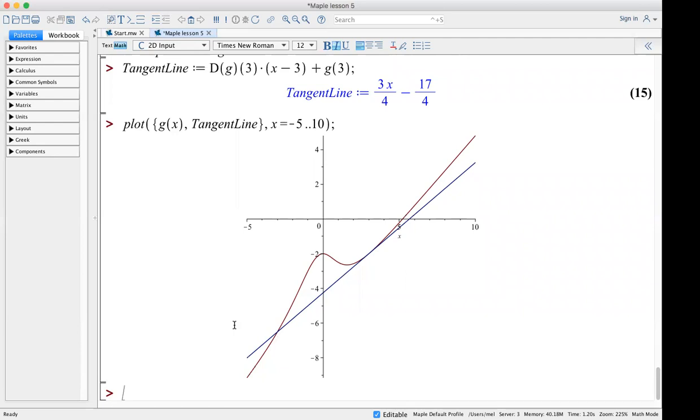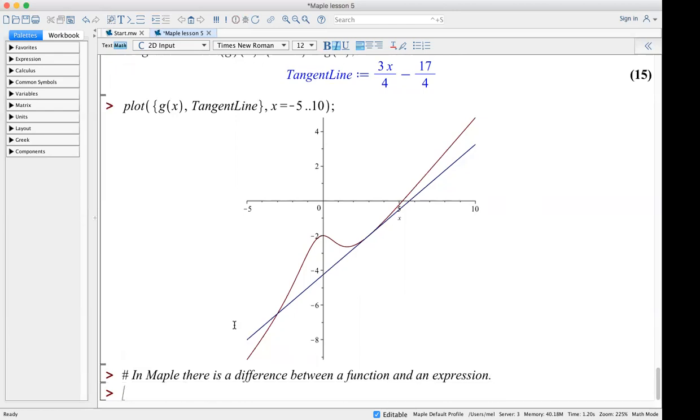Okay, now in Maple, there is a difference between a function and an expression.